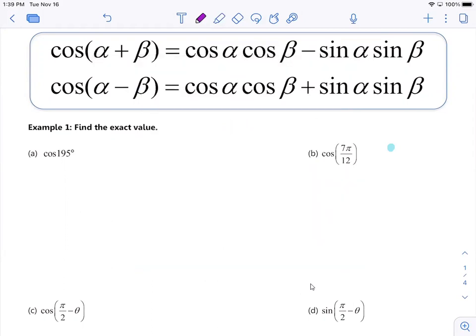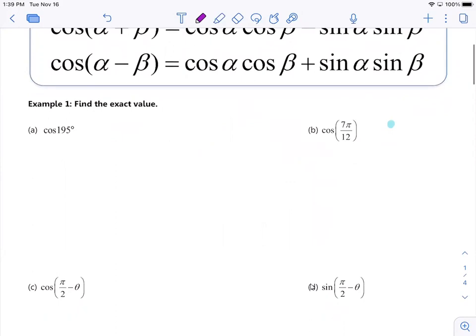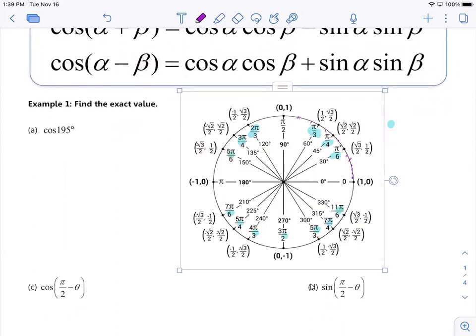So if I look at cosine of 195 degrees and I bring back that unit circle, I don't see 195 degrees on here. But maybe I could break up 195 degrees into two measures on this unit circle that I do know, to create 195 degrees. If it doesn't say exactly to use the sum formula or the difference, you get to choose.